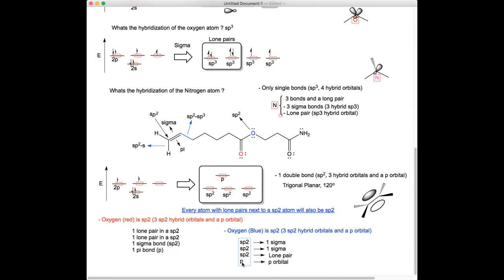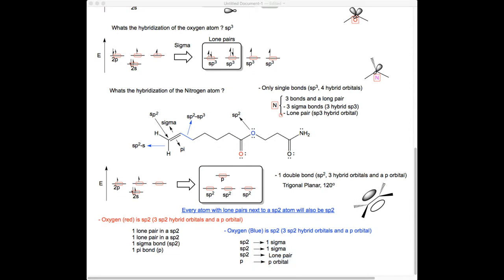That's a given. Now I see 2 sigma bonds, so 2 sp2 will be used for these 2 sigma bonds. And what is left? 2 lone pairs. So 1 lone pair must be in an sp2 orbital and 1 lone pair must be in a pure p orbital.